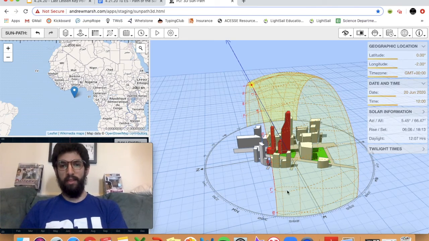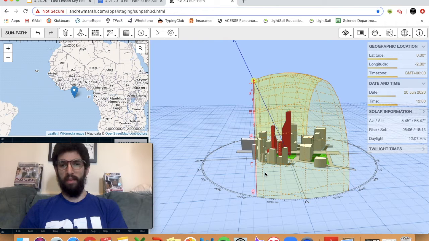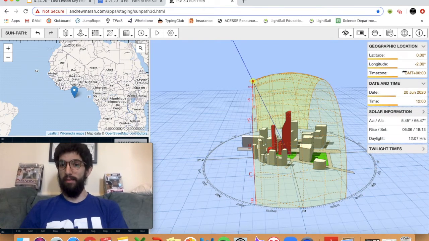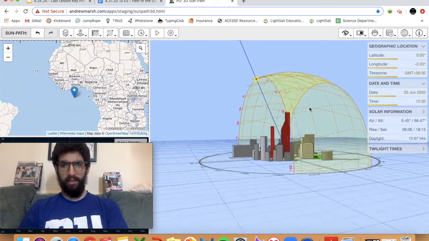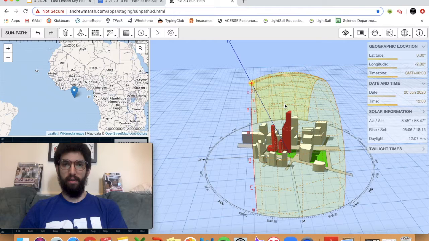The interesting thing is that even though we're at the equator, where we expect it to be really hot, and even though the season is summer, we have only a 66-degree angle of insolation. Looking at the simulation for the equator, that's actually kind of low. It can get way higher.